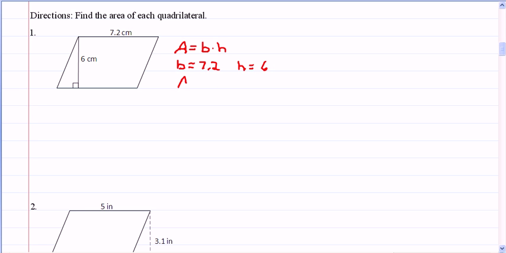So when I find the area, we want to take 7.2 and multiply it times 6. And when I multiply them together, I get an area of 43.2, and area is always measured in square units, so it's centimeters squared.